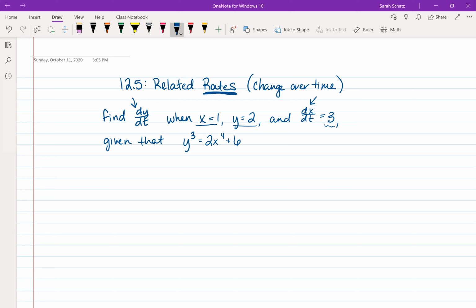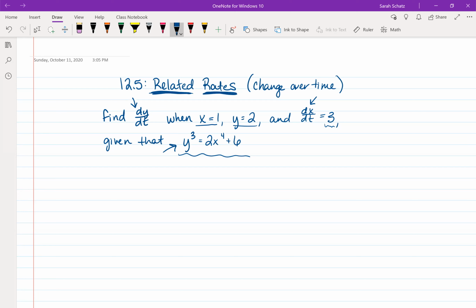And then I have this equation that relates x and y. So notice x and y are related, and I'm trying to find the rates of x and y. So you guys, you're always going to have an equation that relates two variables.